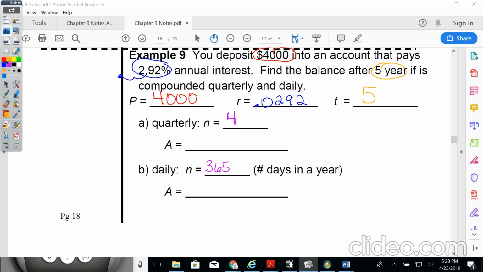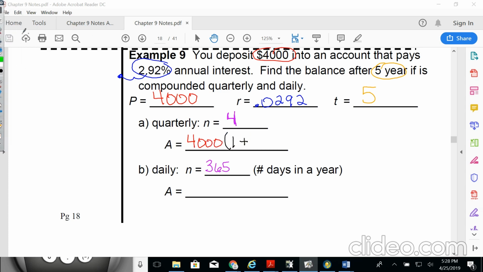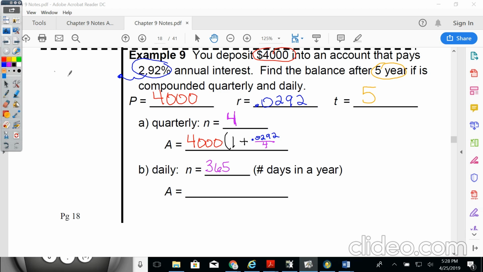All right. We do A equals P, which is 4,000, times 1 plus R, which is 0.0292, divided by N, which is 4. And then we raise it to the exponent, multiplying N and T, which is 4 and 5.